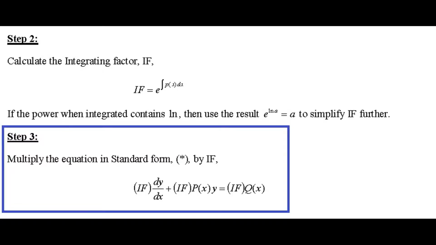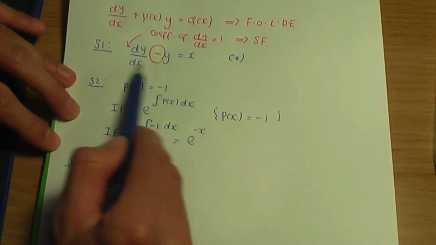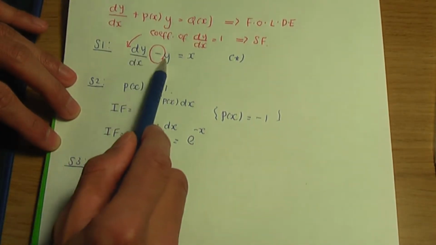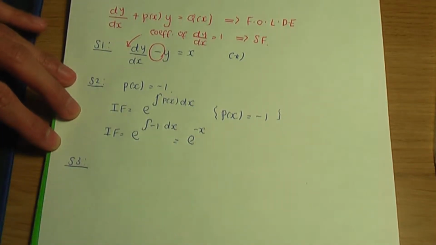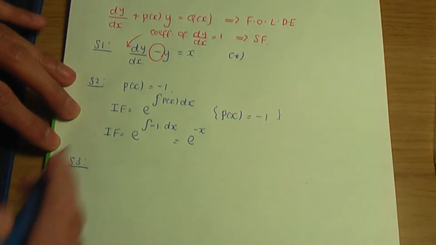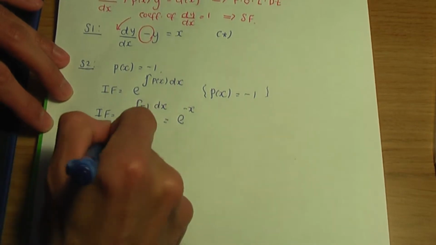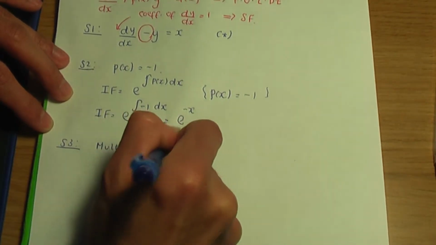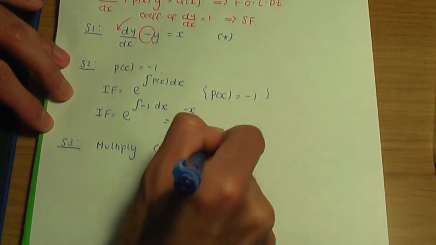Now step number 3. Multiply the equation in standard form, which is star, by IF. So we need to multiply every term in our equation by IF. Back to the paper and pen. So here is our standard form equation star. Let's multiply every single term in that equation by e to the minus x, which is IF. So let's make a note. So multiply star by IF.